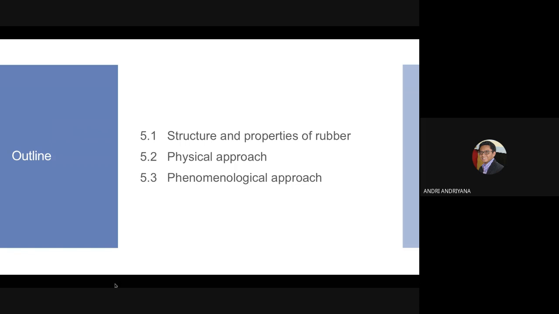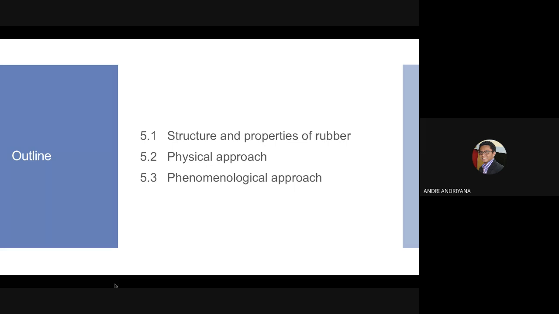This lecture 5 will be divided into 3 sections. In the first section, I'm going to recall the things that you have seen in materials science and engineering in semester 1 or semester 2, specifically polymeric materials, and then we will put emphasis on a class of polymeric materials called elastomers or rubber.